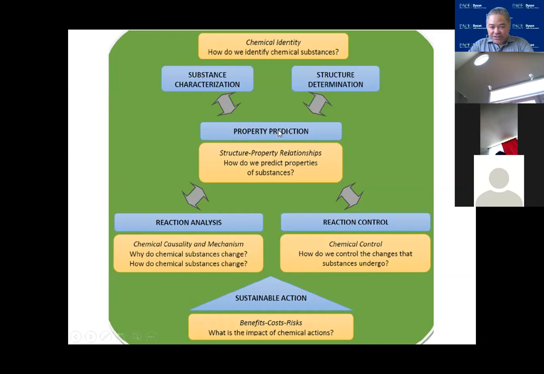So the structure and the characteristics that they have there, you have the so-called structure-property relationship. Once you have that, you can make new structure with the property that you want. Okay, the structure-property relationship. How do we predict the properties of substances? So that's how they do chemicals in the industry.